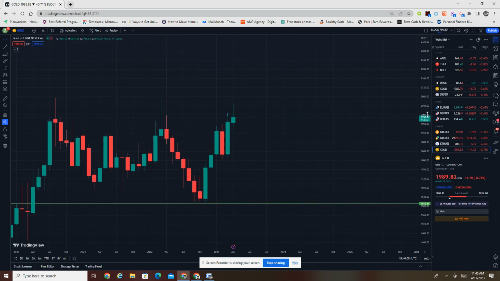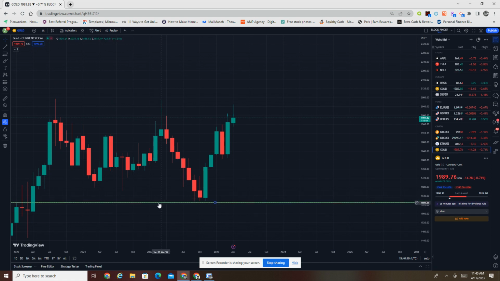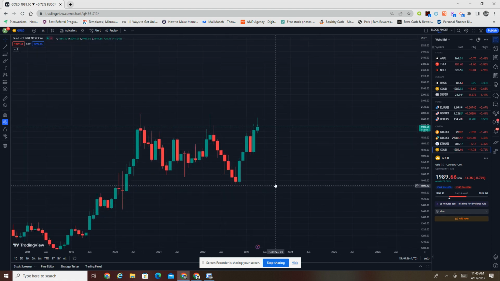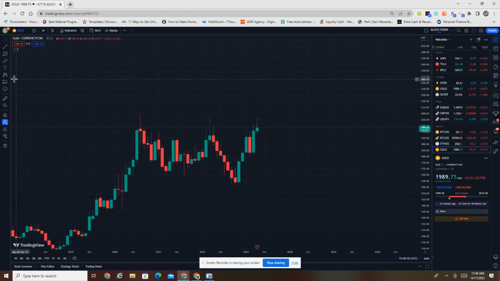Now, this is where I generally like to come to find my support and resistance. How do I find it? Basically, you want to match up moments in time where price came to a parallel or equal zone. Generally, I just go by what my eyes are telling me.